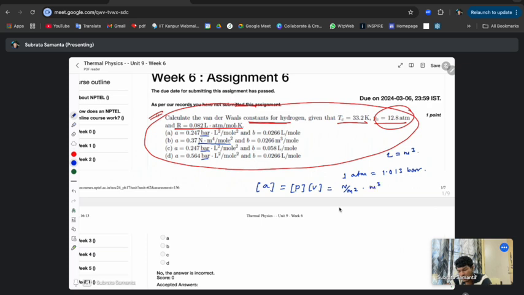and then divided by n square, so divided by mole square.